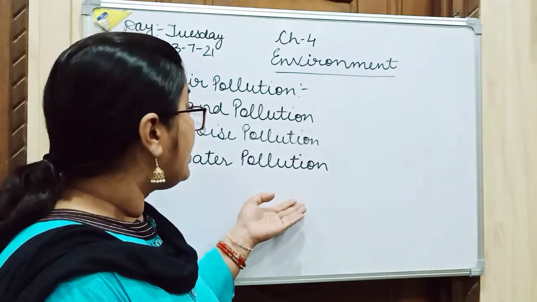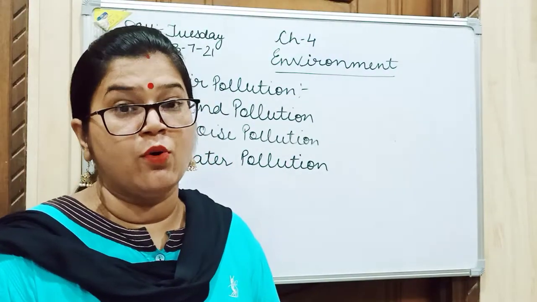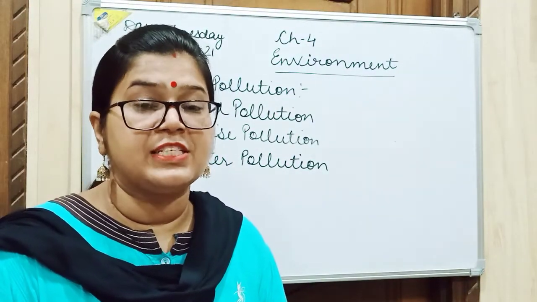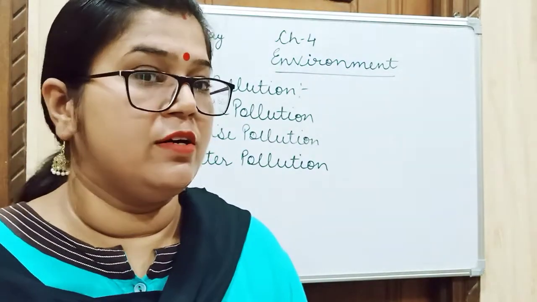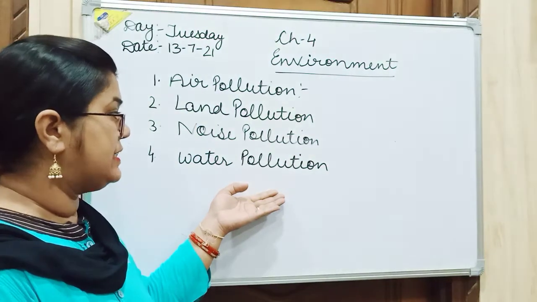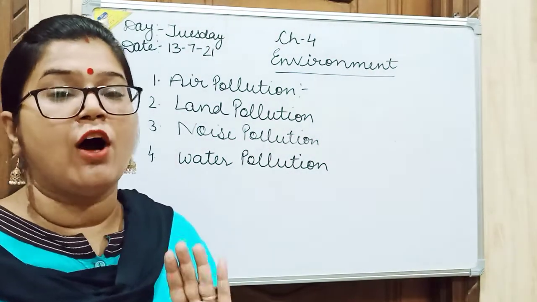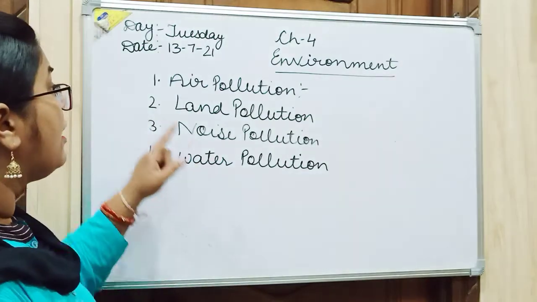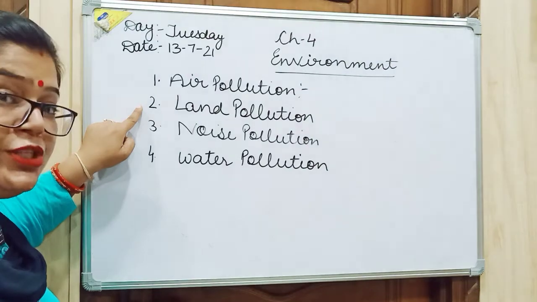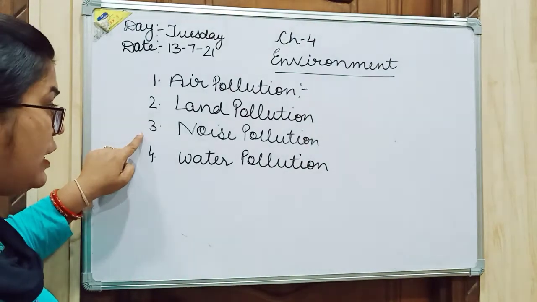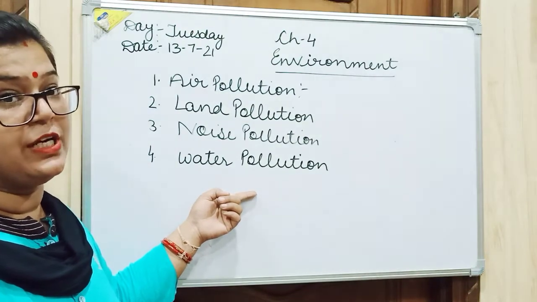It is also caused if we throw industrial waste water into water bodies. So we learned 4 types of pollution. First is air pollution, second is land pollution, third is noise pollution, and fourth is water pollution.